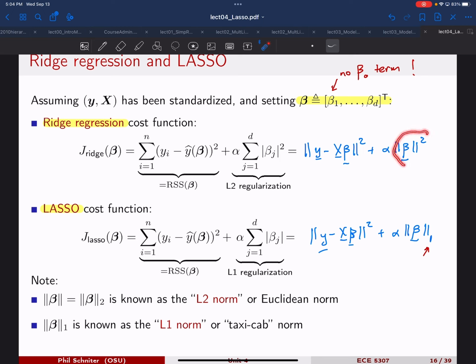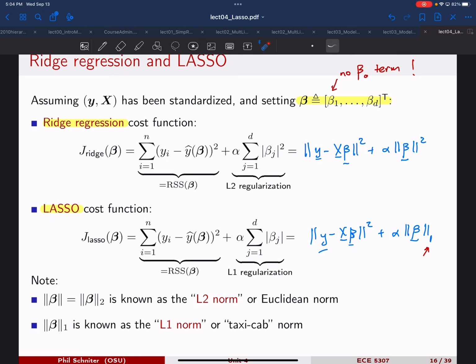This other norm here, sometimes you can write it also with a subscript 2. That's the Euclidean norm, the kind of straight line distance between 2 points that we typically think of, sum of squares. And this one is a sum of absolute values, which is a different way of measuring distances.